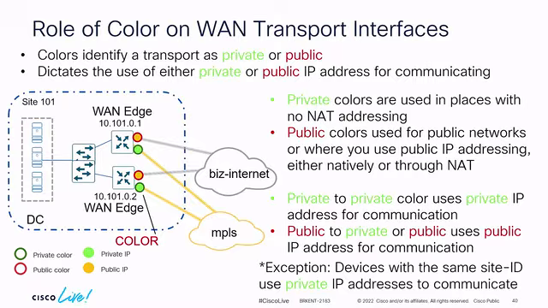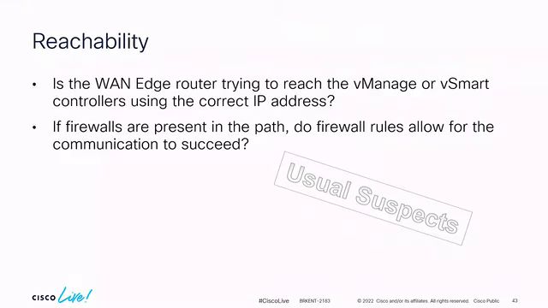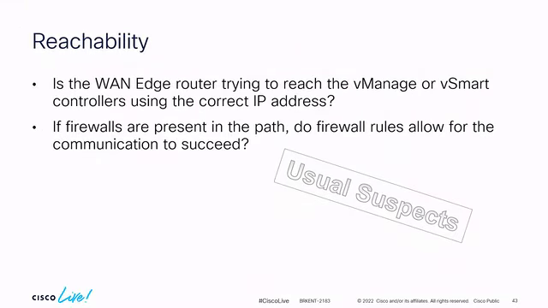So anyway, this is where this comes up, and again, it doesn't really come up in the case of cloud-based controllers, but if you're configuring this in a lab, or some on-prem controller deployment, then it can come up. So just keep those things in mind. So reachability usual suspects: is the WAN edge router trying to reach the vManage or the vSmart controllers using the correct IP address?